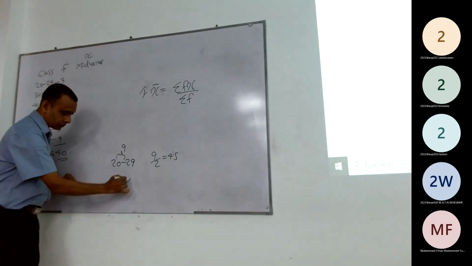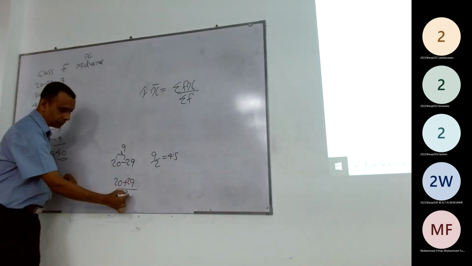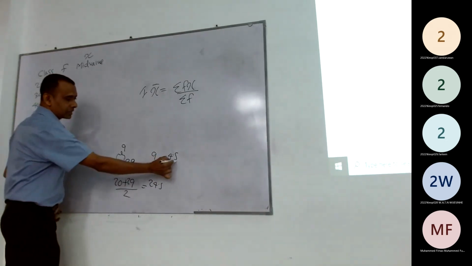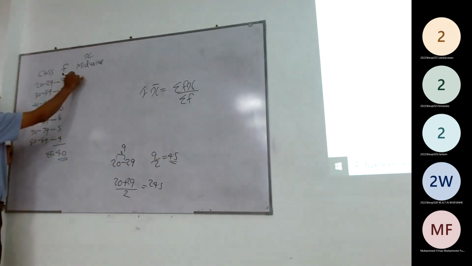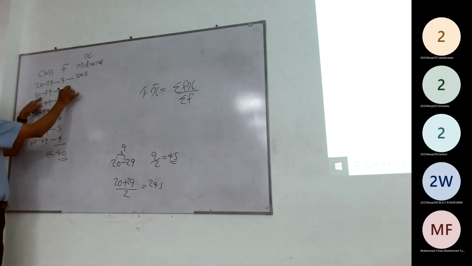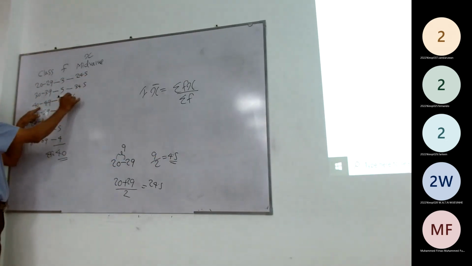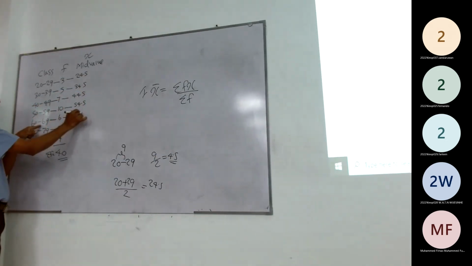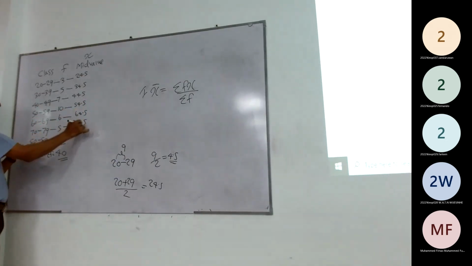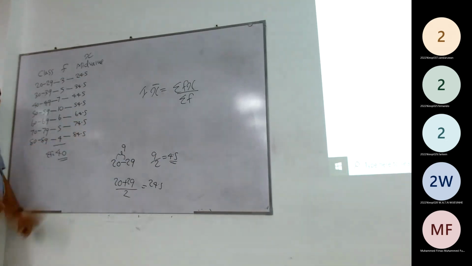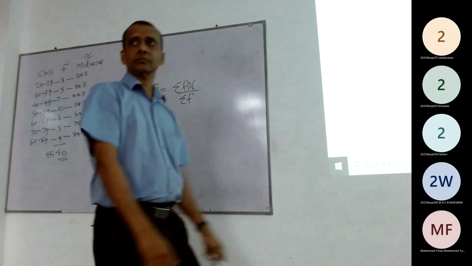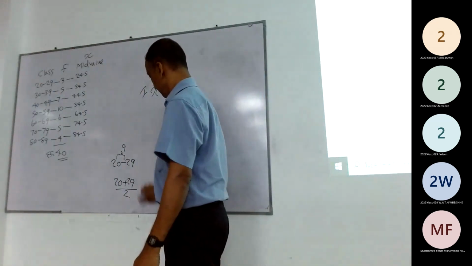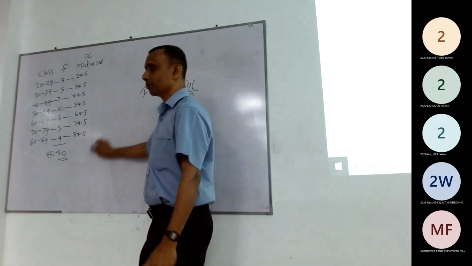Otherwise, 20 plus 29 divided by 2, whatever, you get 24.5. But this is easy: 24.5, right, 30 means 34.5, 44.5, 54.5, 64.5, 74.5, 84.5. You know how to calculate the mid value, the class mark.